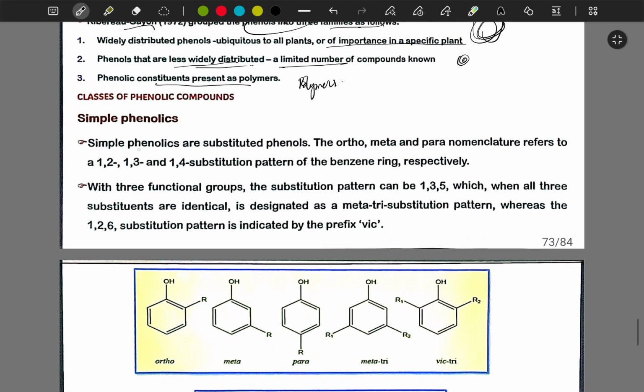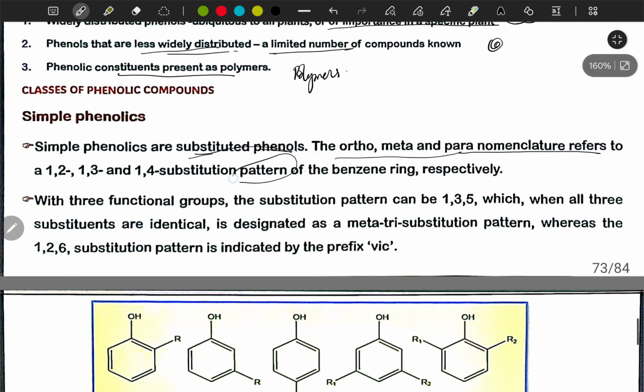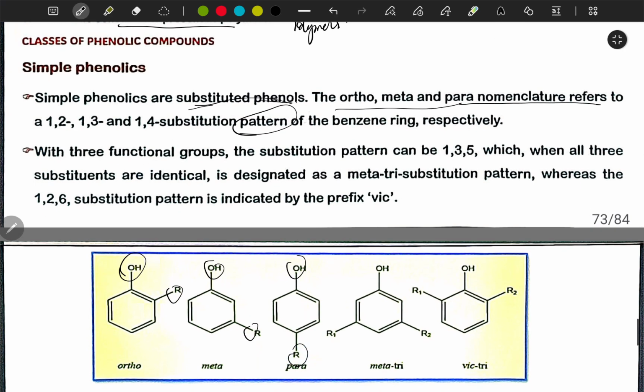Simple phenolics. Simple phenolics are substituted phenols. The ortho, meta, and para nomenclature refers to 1,2, 1,3 and 1,4 substitution patterns.